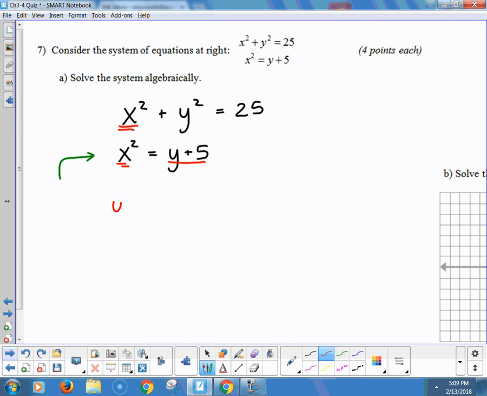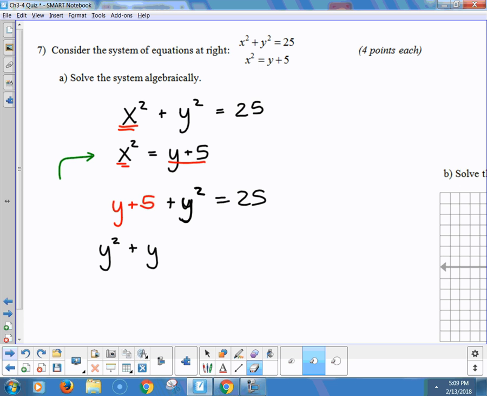And so we would say y plus 5 plus y squared equals 25. We have an equation involving a squared term, so I'm going to rearrange my terms, set it equal to 0, and factor this thing.